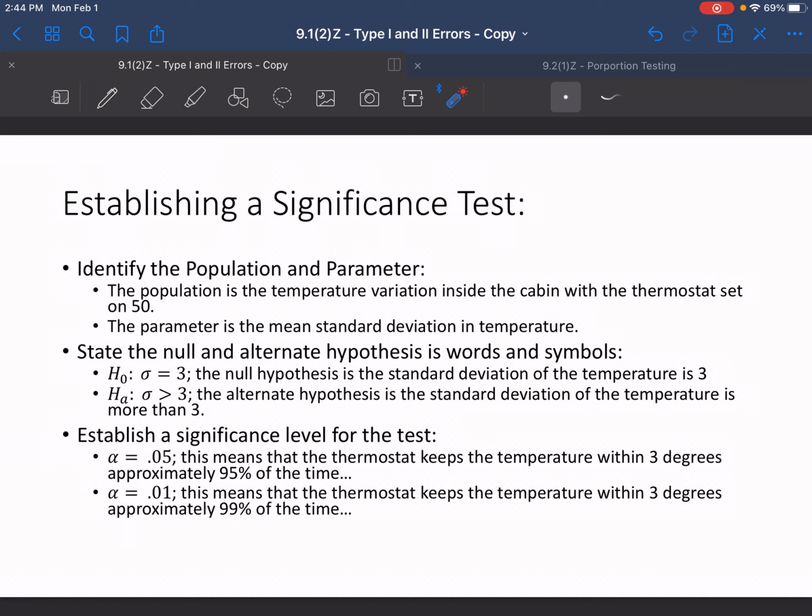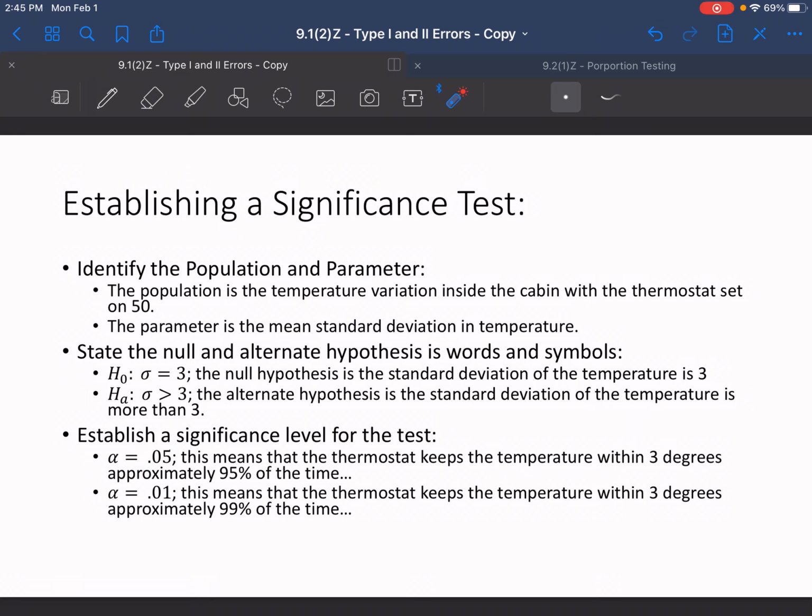Then if we were going to establish significance levels for that specific test, and these are just two examples of significance levels that we could personally set, our first one would be that alpha is equal to 0.05. What that means is that the thermostat keeps the temperature within 3 degrees approximately 95% of the time, so about 5% of the time it would not.